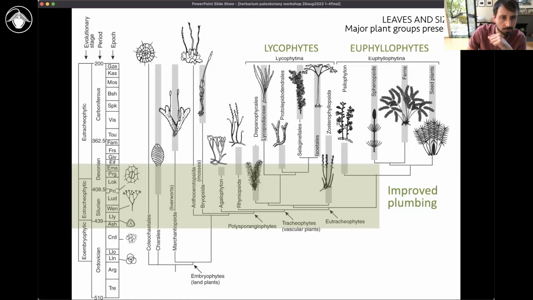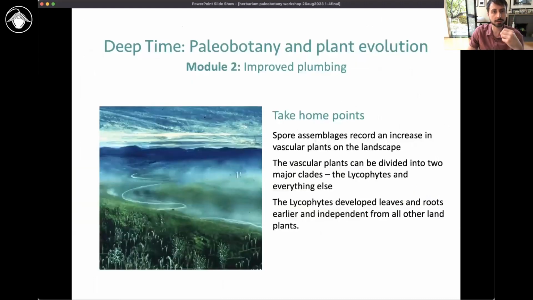So with that, I'd like to conclude module 2 with a few take-home points. So spore assemblages basically show an increase in vascular plants across the landscape early in the evolution of plants on land, about 430 million years or so ago.